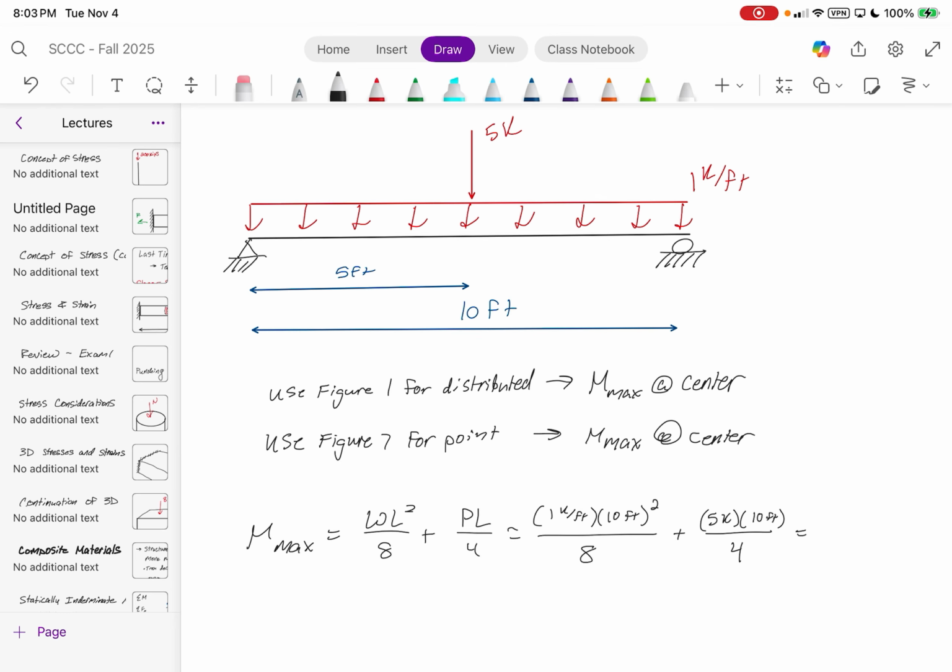When you do the math, we get 25 kip feet. And so, if you were to draw the bending moment diagram, you would find that the maximum bending moment at the location is 25 kip feet.